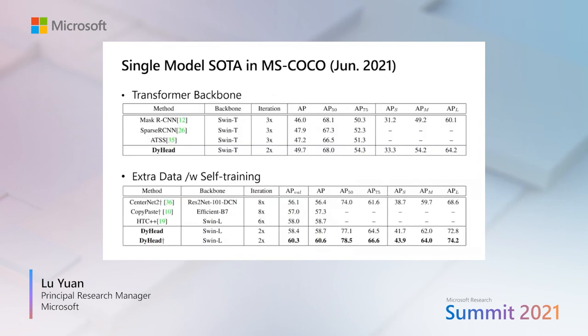Besides, when pre-trained on more data with pseudo bounding boxes and self-learning, it achieved single-model state-of-the-art on the MS COCO benchmark. It pushes forward the success of building foundation models from global representation learning towards local representation learning.